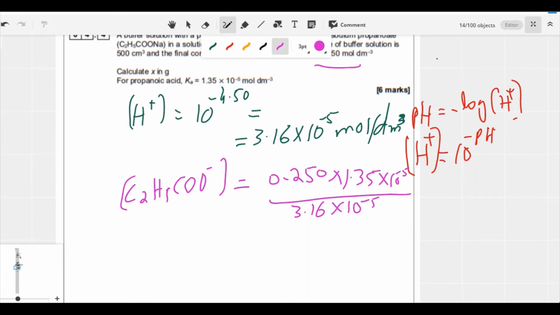Here 10 to power negative 5 cancels out. So now you can easily solve this.